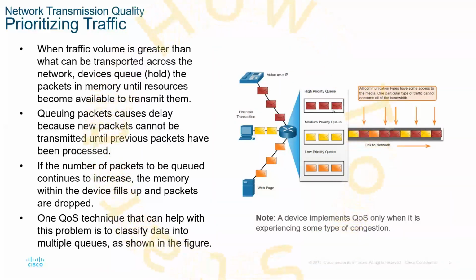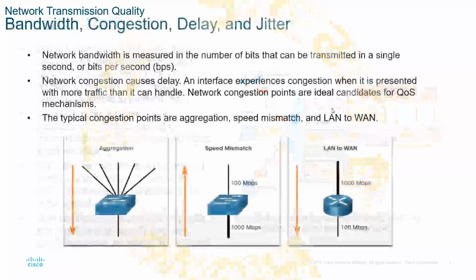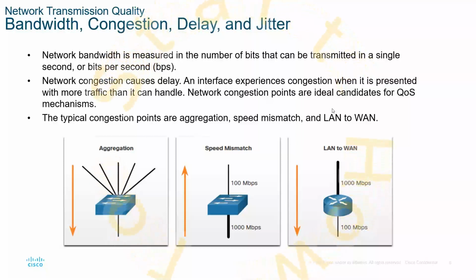The data can actually take a back seat. The voice has a real-time component that I need to be concerned about. And again, some of the reasons are going to be things like aggregation, speed mismatching, LAN to WAN. You may have a gigabit LAN connection, but then it has to filter out through whatever internet connection you have.